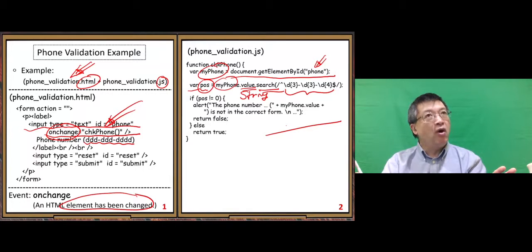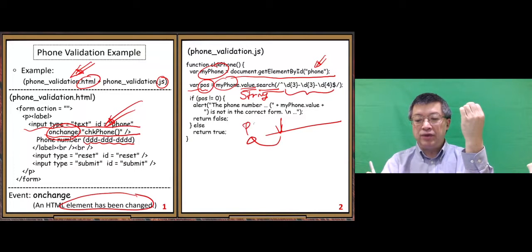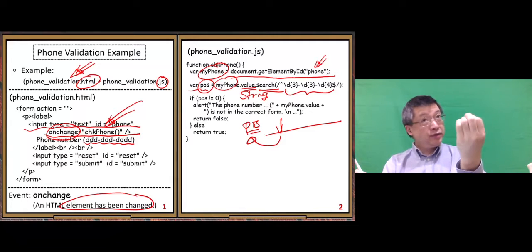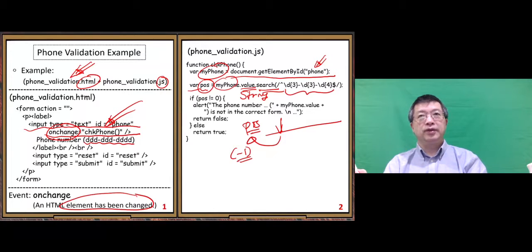What is the starting point? The index corresponds to the character index, and that one will be returned as the position number, POS. But if you cannot match it, no match, it returns -1.